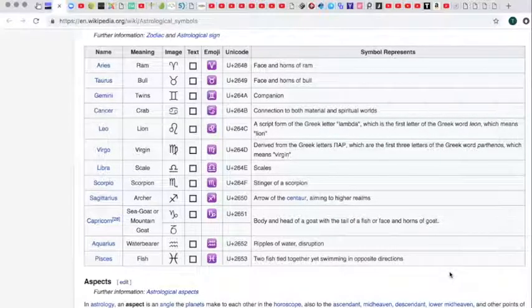Yeah, so then we have Libra. Now Libra starts at the very beginning of fall, so the fall equinox. And that symbol actually looks quite a bit like a sunset. Oh, yeah.